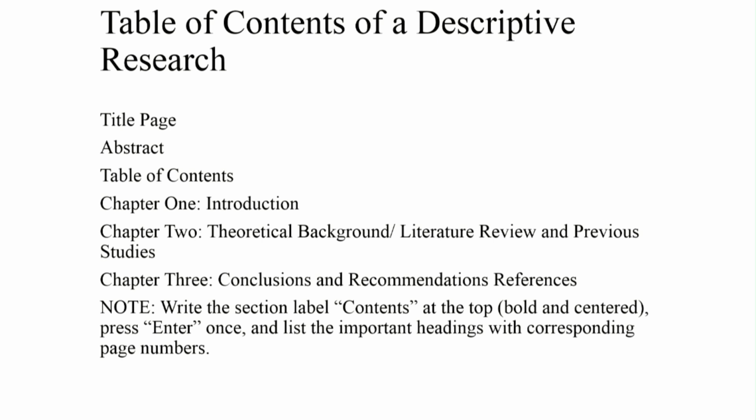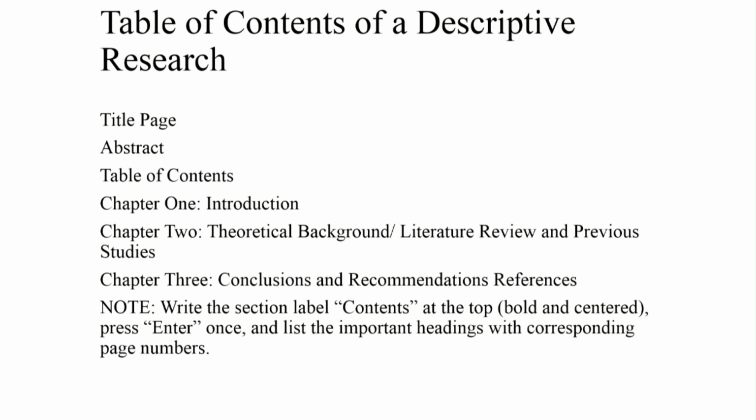So now we come to the form, or how to do this research paper. We have the table of contents of a descriptive research. First, we have to put the title page, then the abstract, then the table of contents, and then chapter 1 that includes the introduction to your subject.